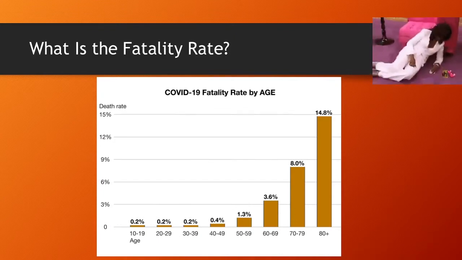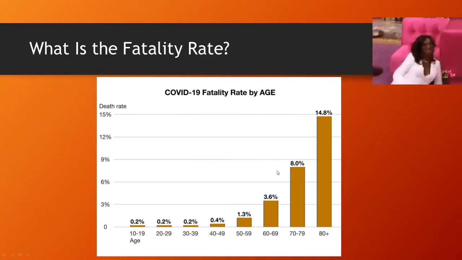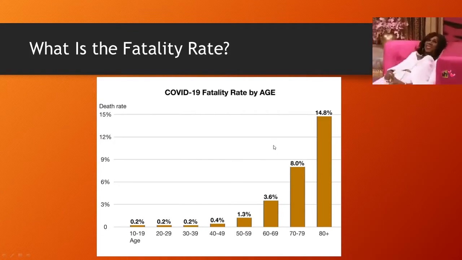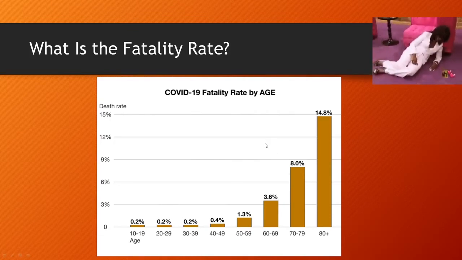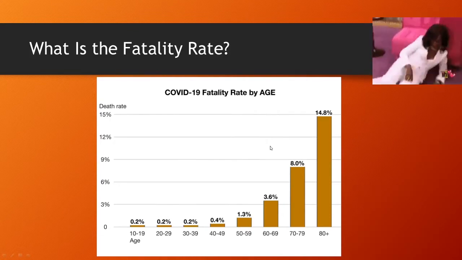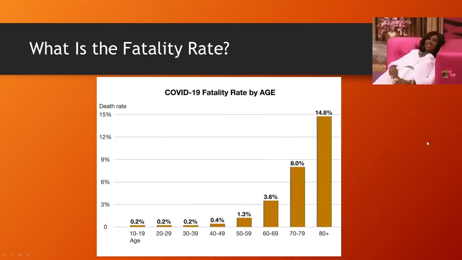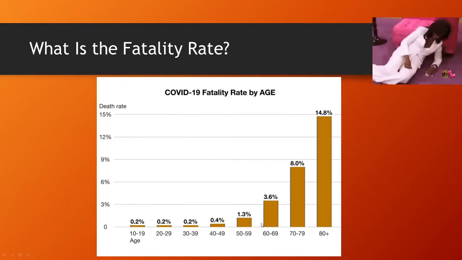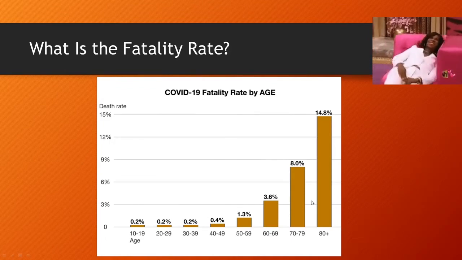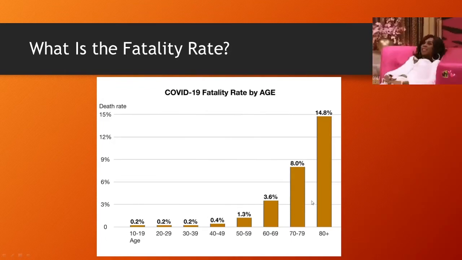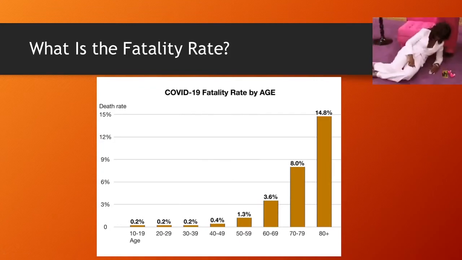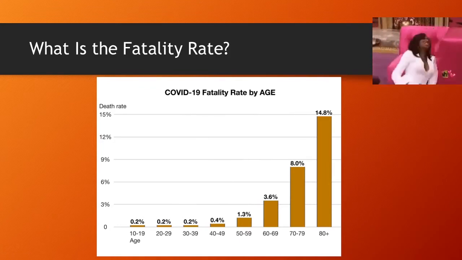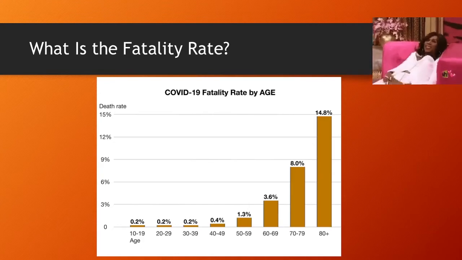Again, you can really see that the older you are, the much more likely you are to die from complications because of COVID-19. So that's important to keep in mind. That still doesn't mean, again, there's still 0.2%. And this is just for China. There's no data I could find on the demographics of the entire amount of people who got sick in Canada.